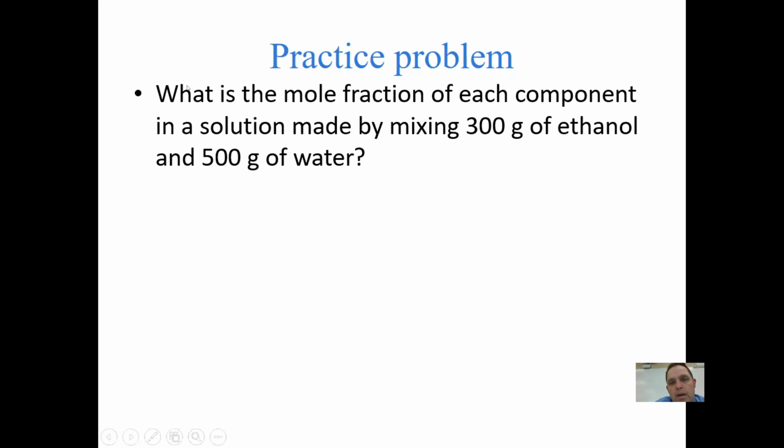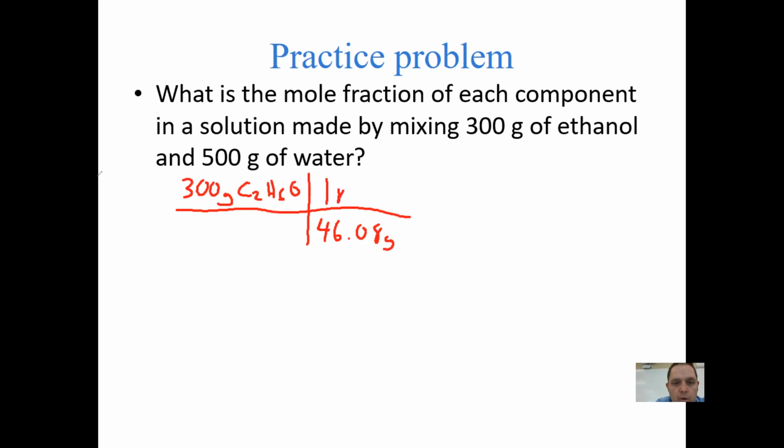So we need to take our 300 grams of ethanol, C2H6O, and convert it to moles. And I've got the molar mass of this to be 46.08 grams per 1 mole. Hurrying through my math a little bit, I get 6.51 moles.